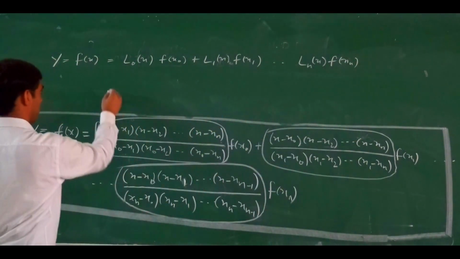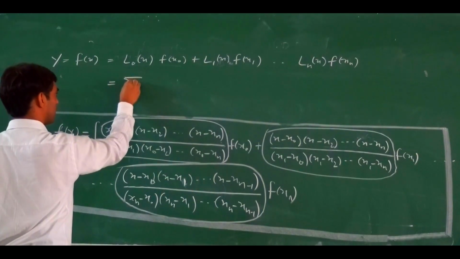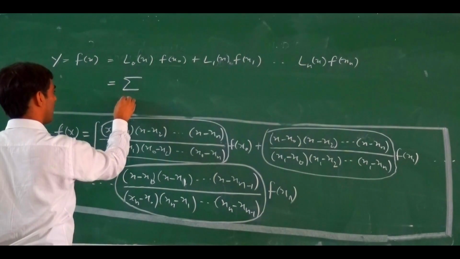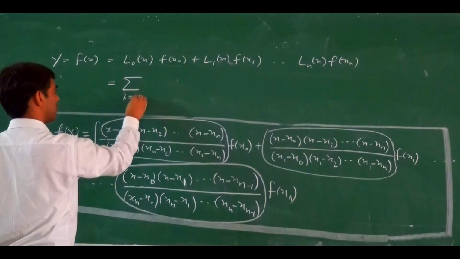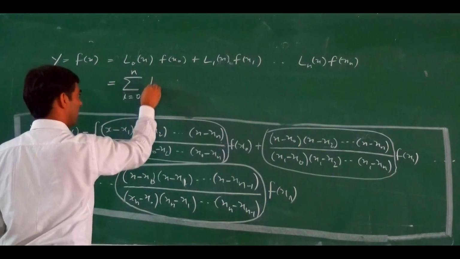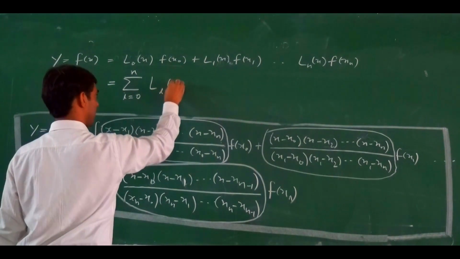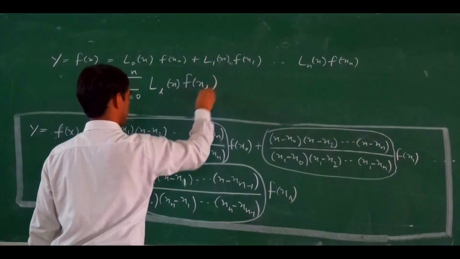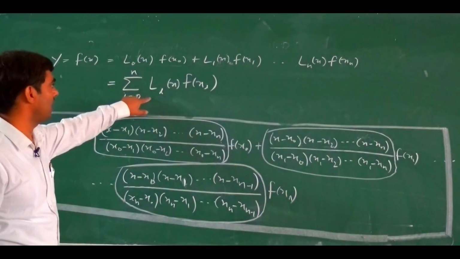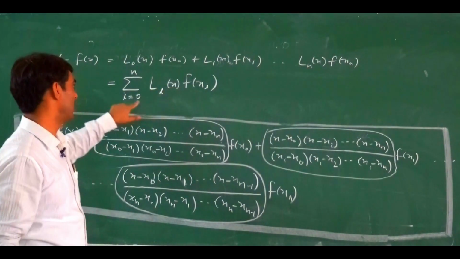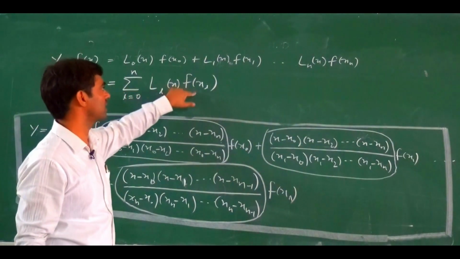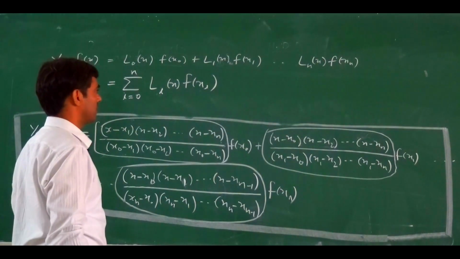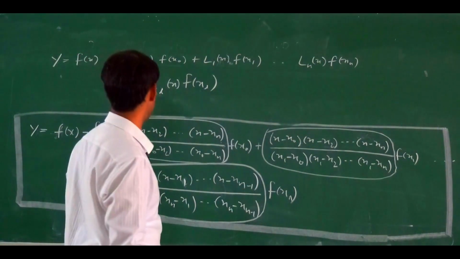If we write in terms of a summation, it is the sum over i equal 0 to n of Li of x times f of xi. At i equal 0, L0 x f of x0. At i equal 1, L1 x f of x1. L2 x f of x2 up to Ln x f of xn.